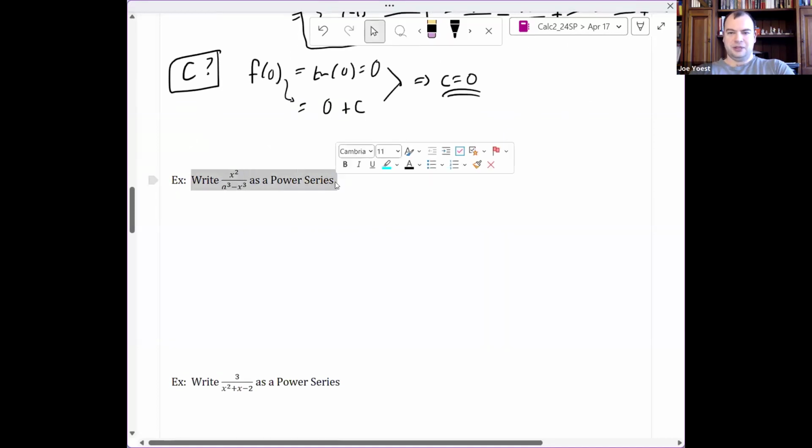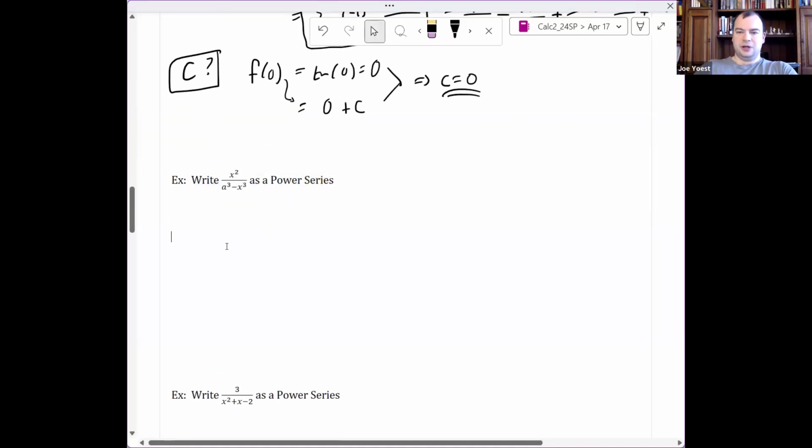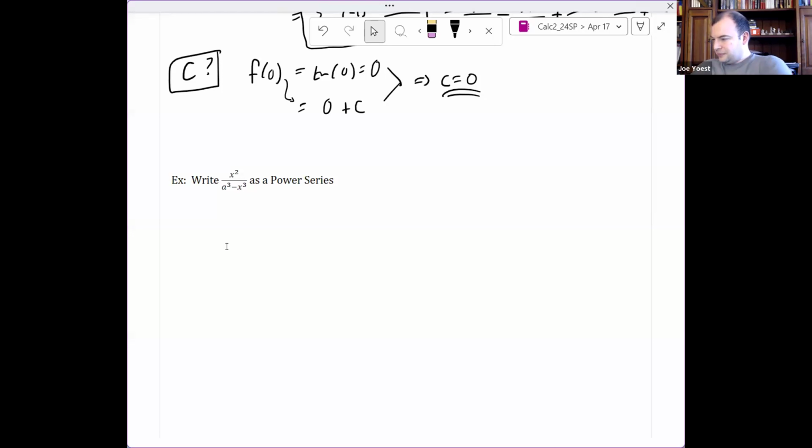So what about something like this, writing x squared over a cubed minus x cubed as a power series? Again, I just want to massage this into looking like a geometric series. So this is going to be x squared times 1 over stuff. I want to factor out an a cubed. That'll give me 1 minus x over a all cubed.